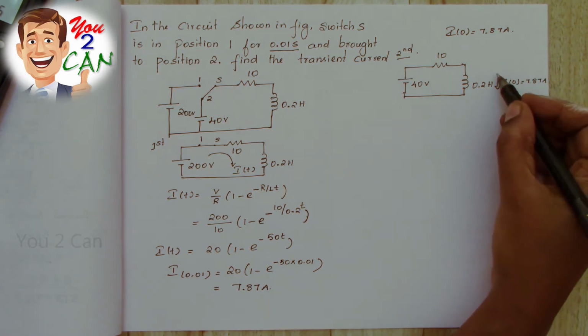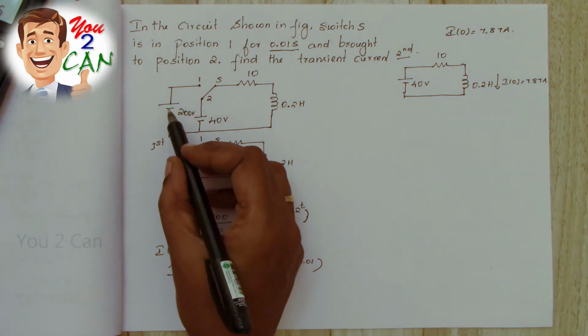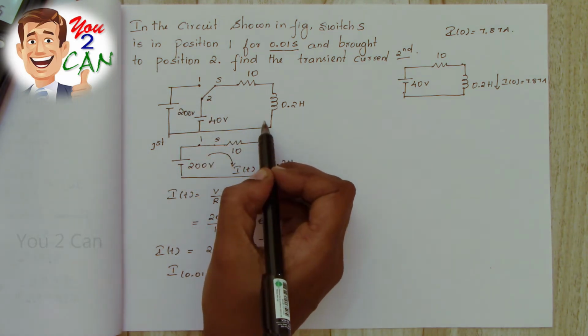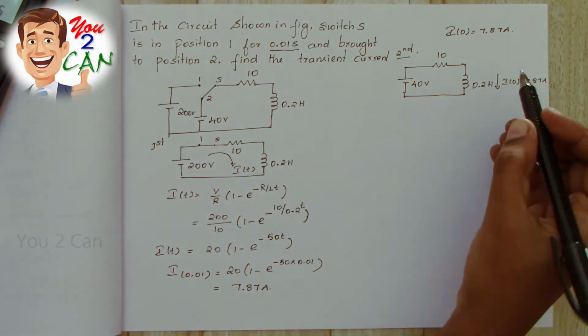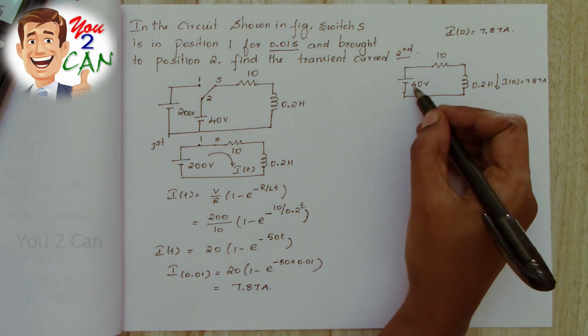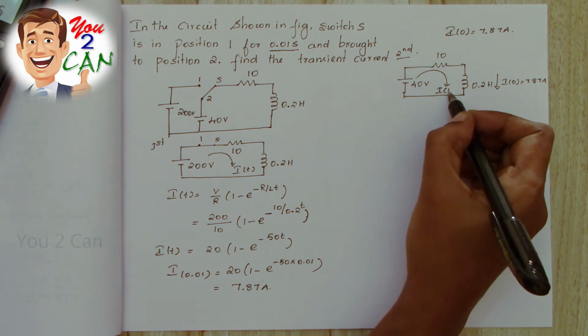The arrow direction is shown as below, because the current through the inductor flows in this direction when it is at position 1. So we draw the current in this direction, the same as the current through this.